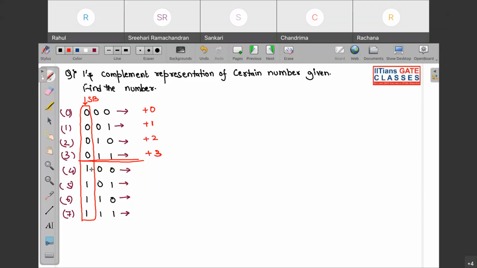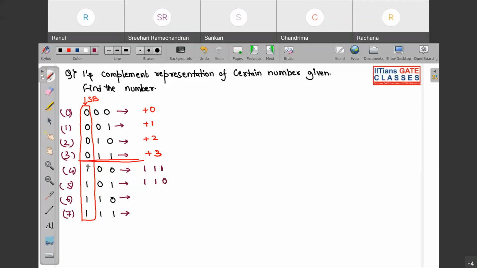Now look, in the next 4 cases, your sign bit is 1. That means all these numbers in ones complement form are negative numbers. So I need to take the complement once again. So this will be 1, 1, 1. If I take the ones complement of this number, this will be 1, 1, 0.